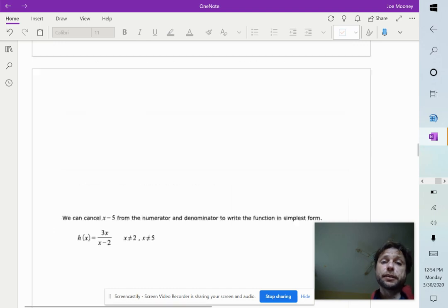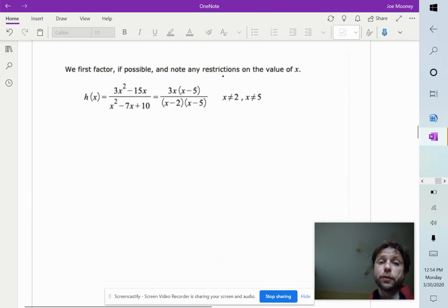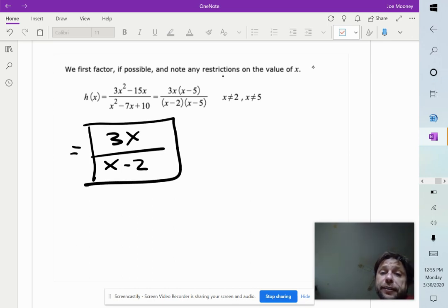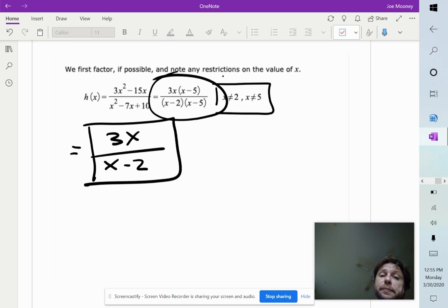When I cancel that factor, that is going to look like 3x over x minus 2. If I only showed you this, there's no way you would remember that 5 was not allowed to be in there. So my suggestion is you write these down when you first factor it.